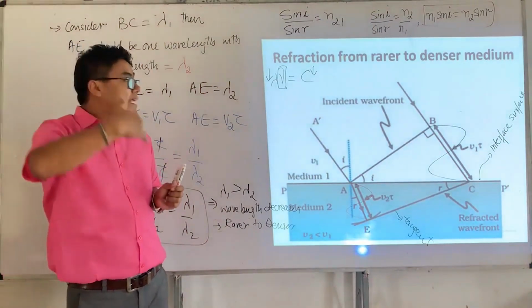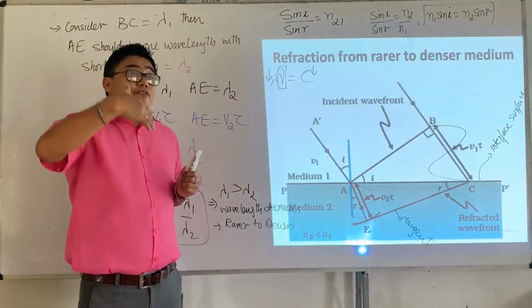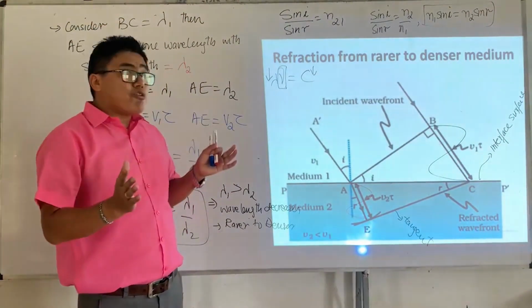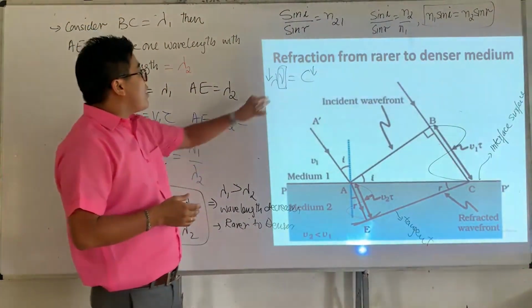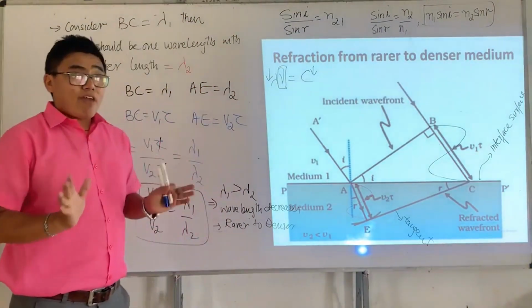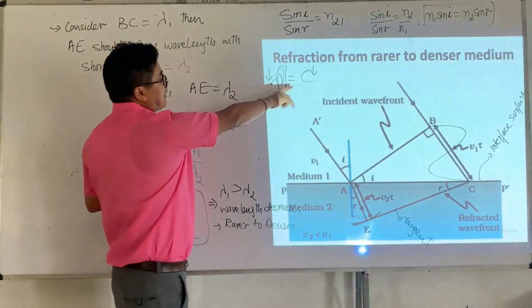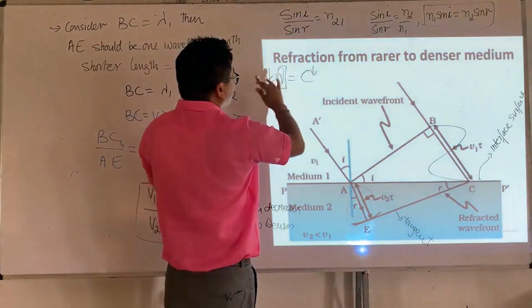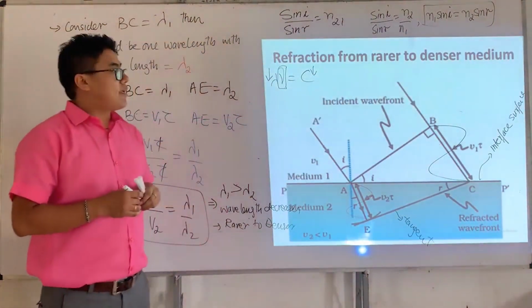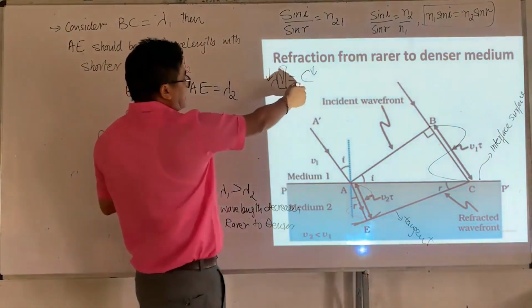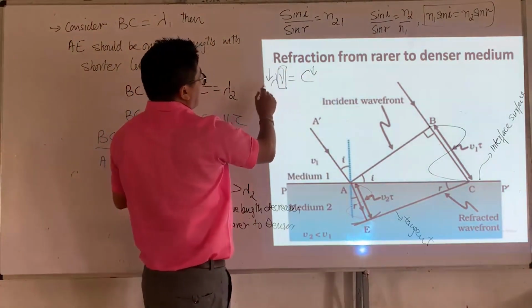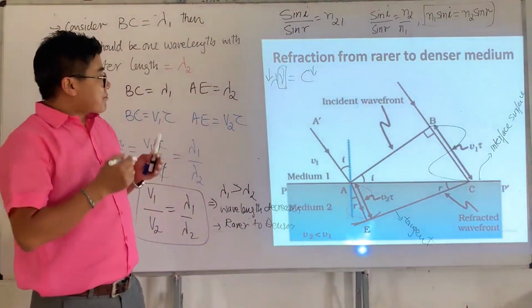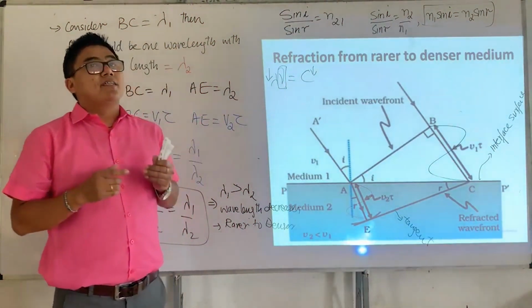So when light or a wave enters from rarer to denser medium, wavelength decreases, however frequency remains the same. C equals mu times lambda, and C is constant, so if lambda decreases, C should decrease, and mu, that is frequency, remains constant.